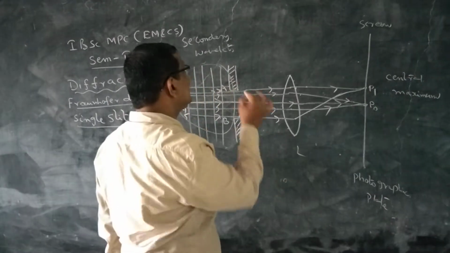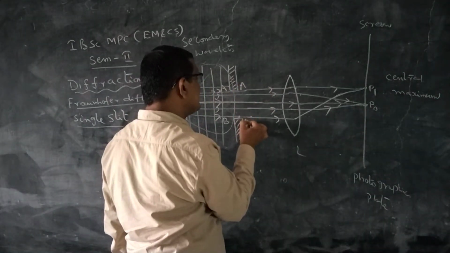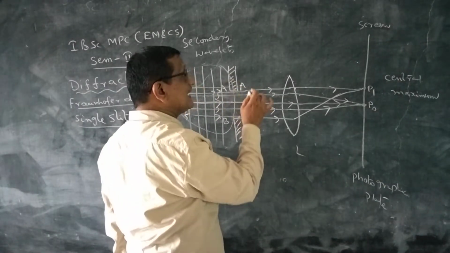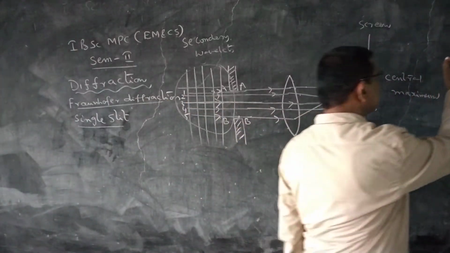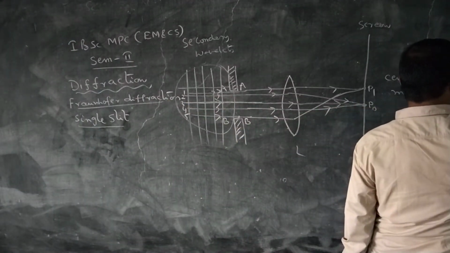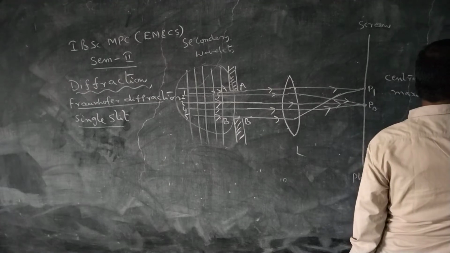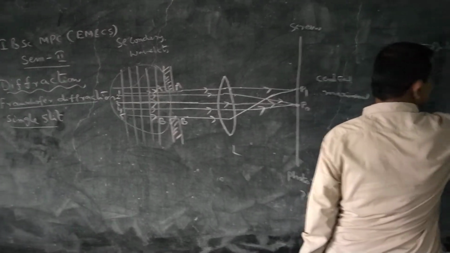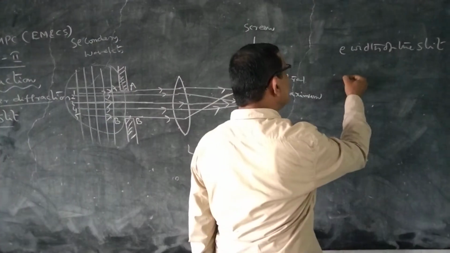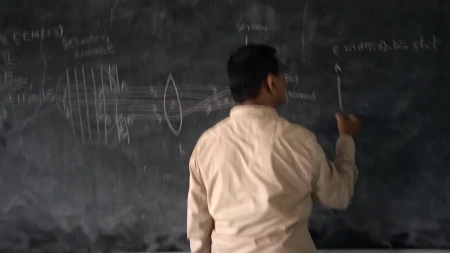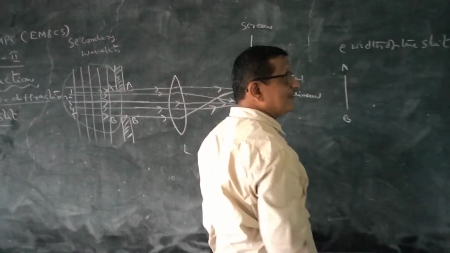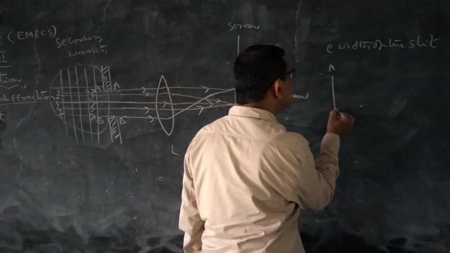Now coming to the theory, let AB be the single slit. Let e be the width of the slit. Here AB, this is the position of the slit. Because of diffraction, there is a change in path.